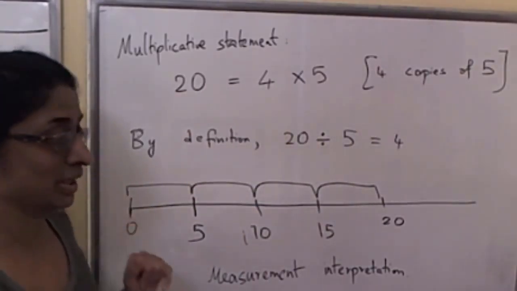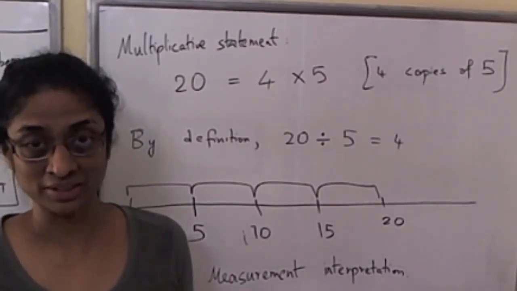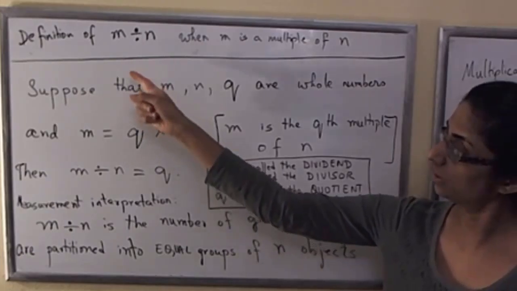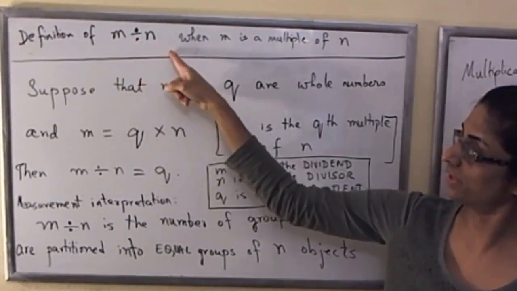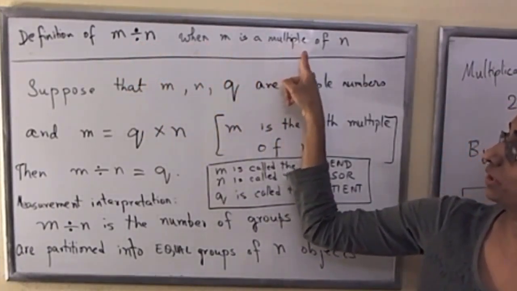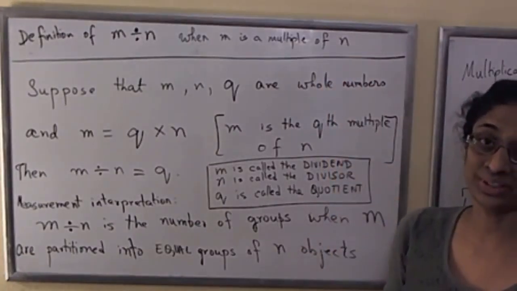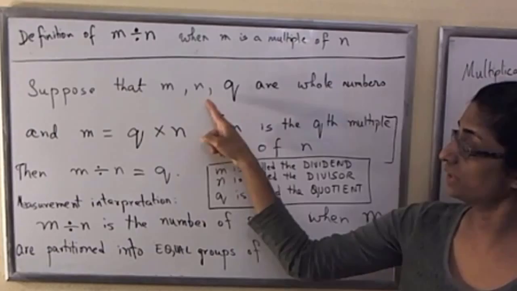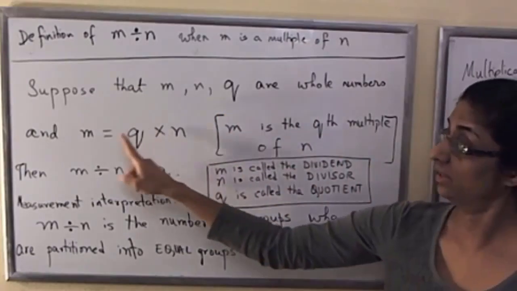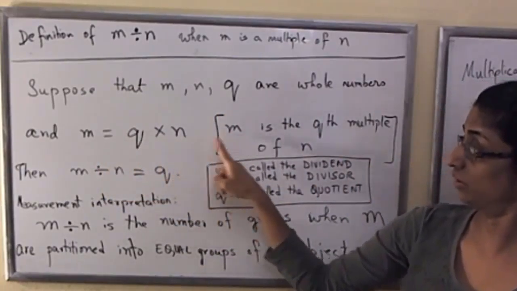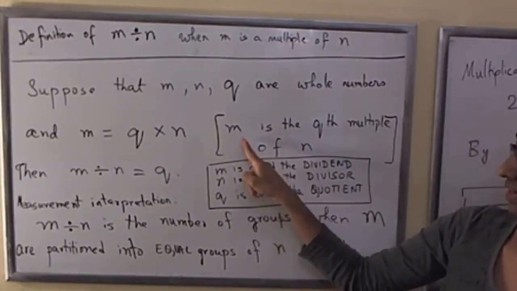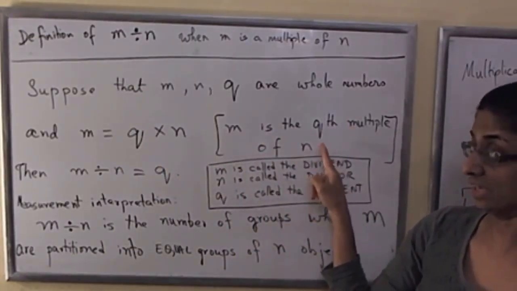So now let's summarize this example using letters for future reference. Here we have a definition of m divided by n when m is a multiple of n, very similar to the example that we just discussed. Suppose m and q are whole numbers, and m is q times n, or m is q copies of n, or you can also say m is the qth multiple of n.